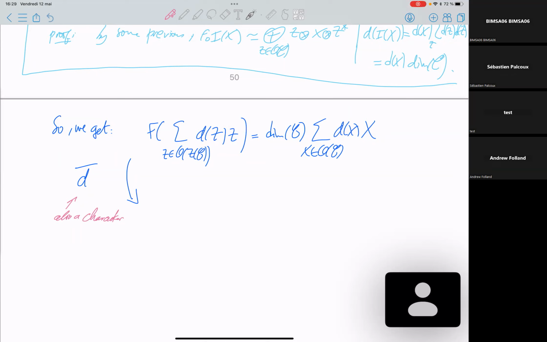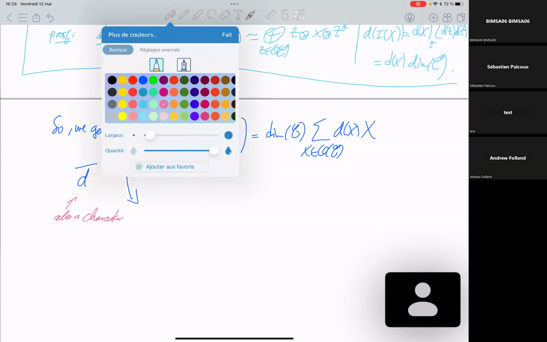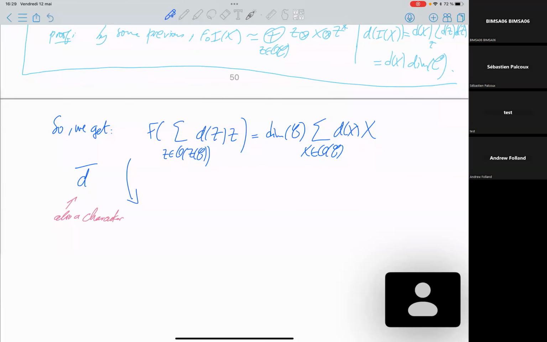So in the book, they apply D again. I'm not sure it's correct because the dimension here is not necessarily a real number. So we should apply the conjugate, but anyway, what you get is the sum of dimension of Z squared, which is equal to dimension C times the sum over x over Z of dimension.